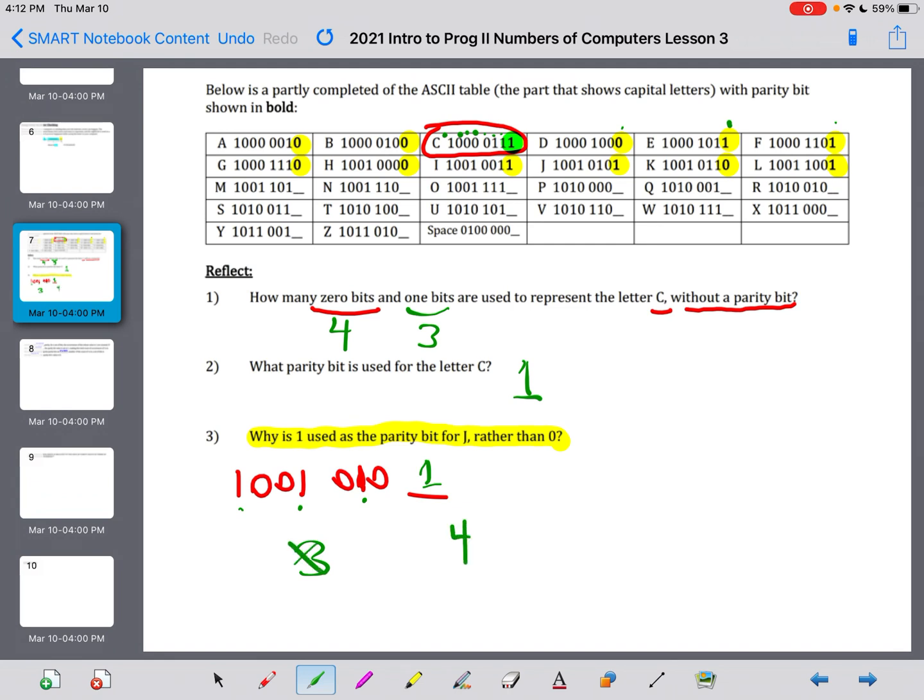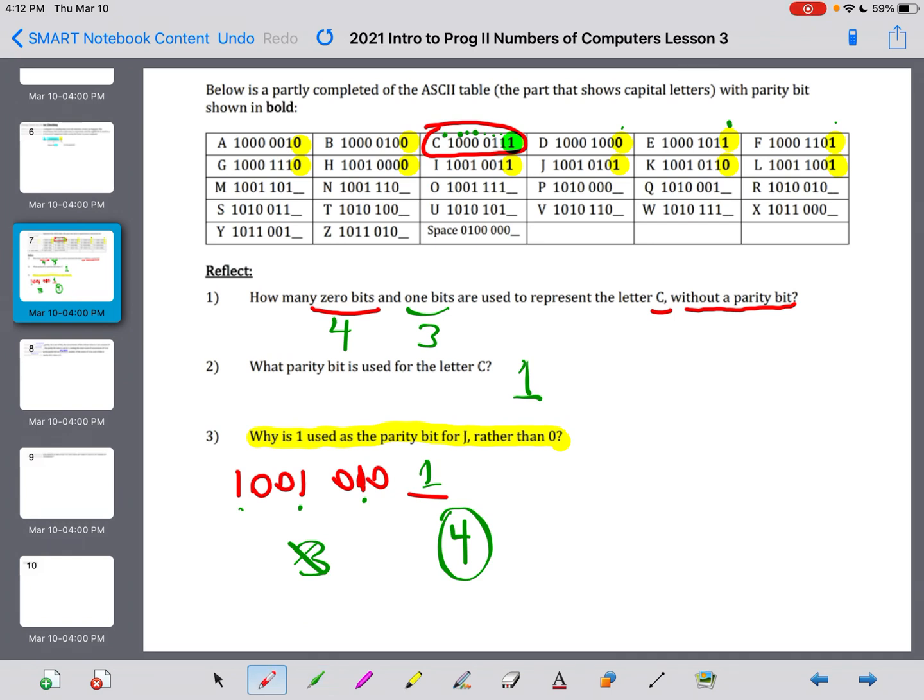We like 4. 4 is even. The parity bit will cause the entire number of ones in the 7 bits plus the parity bit to be even. So we are using even parity here.